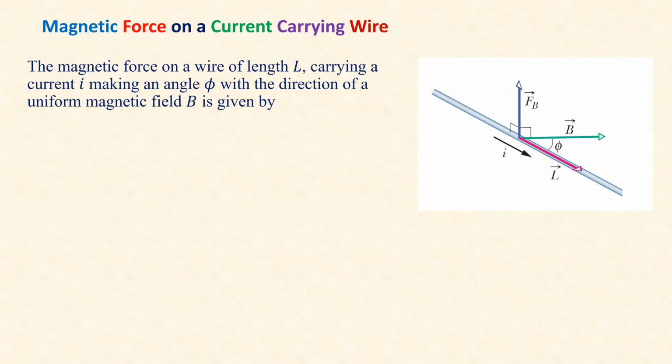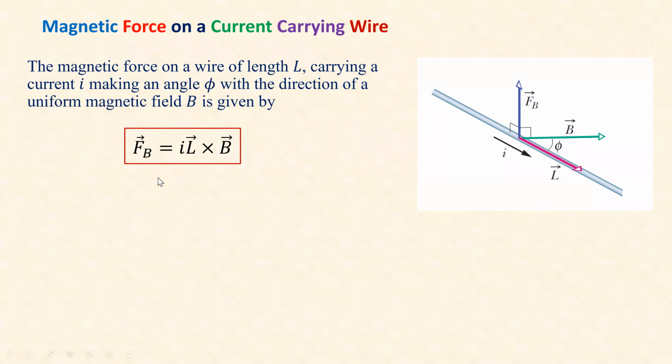All right, so the magnetic force on a wire of length L carrying a current I, making an angle phi with the direction of a uniform magnetic field B, is given by this formula. Now, instead of Q V cross B, again, we put I L cross B, because QV, as I showed before, is the same as I times L, right?